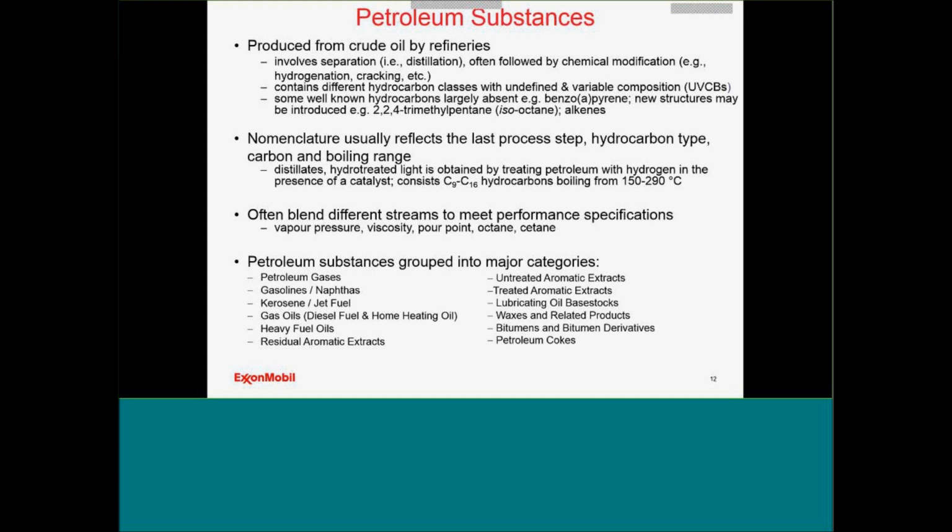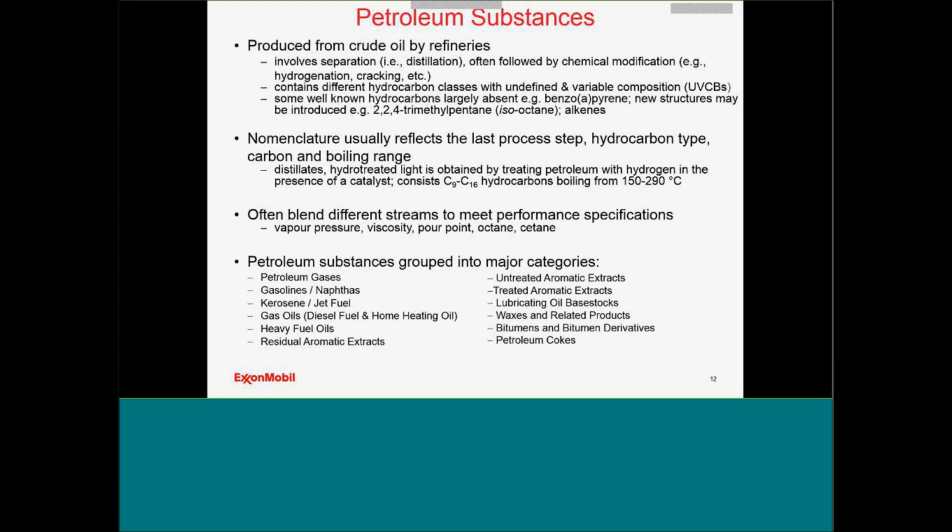So essentially you're saturating all the aromatic bonds in the presence of a catalyst, and it consists of C9 to C16 hydrocarbons boiling from 150 to 290 degrees C. So that's an example of how petroleum substances are named.